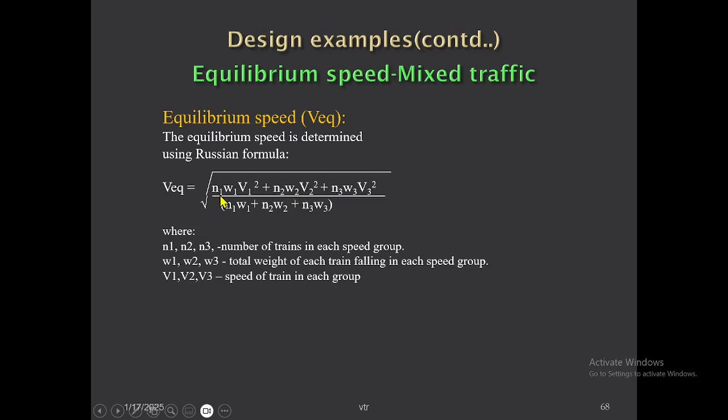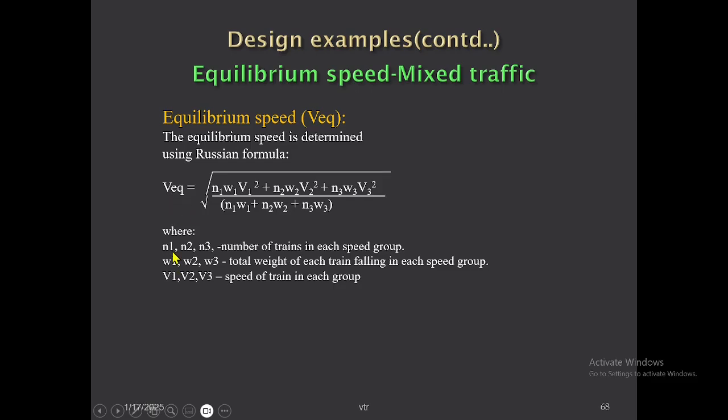That is N1 W1 V1 squared plus N2 W2 V2 squared plus N3 W3 V3 squared, and so on. Suppose I have taken only 3 groups; if we have n number of groups, we can just extend it further. This is divided by N1 W1 plus N2 W2 plus N3 W3 and so on. The root of that is your equilibrium speed.